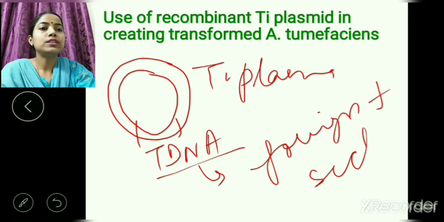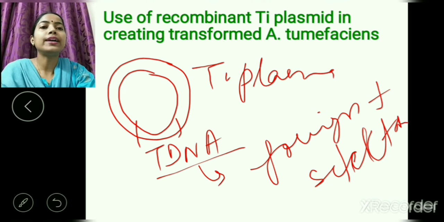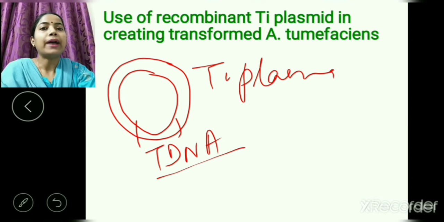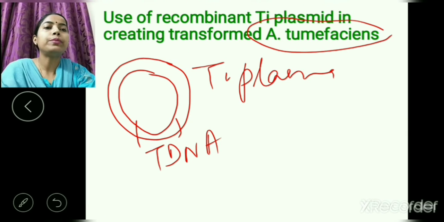So this recombinant Ti plasmid now has to be transferred back into the bacterial cell. Obviously the host cell will now be Agrobacterium tumefaciens.